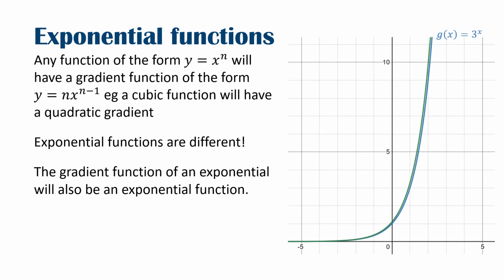So therefore this, let's call it g of x, is equal to 3 to the power of x. And now the green line is the derivative. So what's happened there is that the derivative has crossed over somewhere between 3 to the power of x and 2 to the power of x. That line of the gradient, which is an exponential, will be exactly the same as our original exponential function.